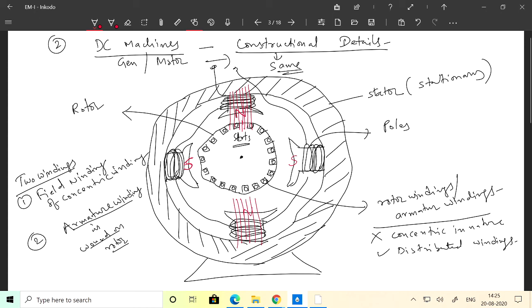So I am drawing the direction of the flux lines. They go into the south pole like this. Few will divert into south pole like this, few will divert into south pole like this.